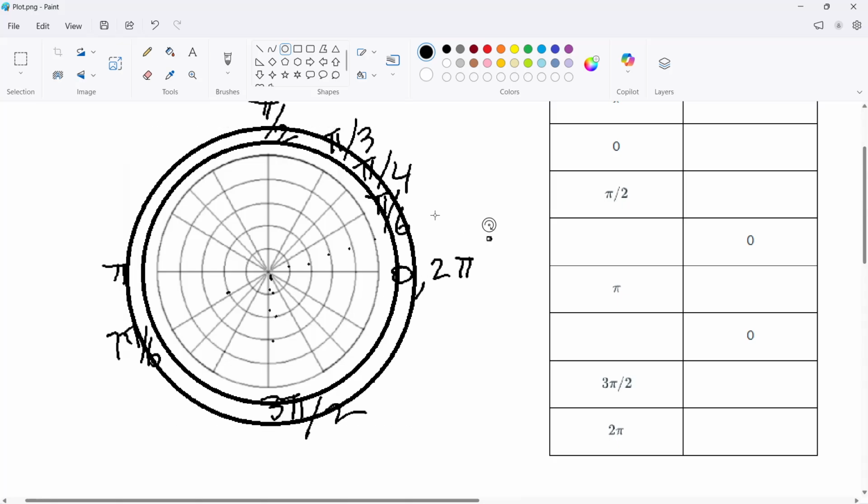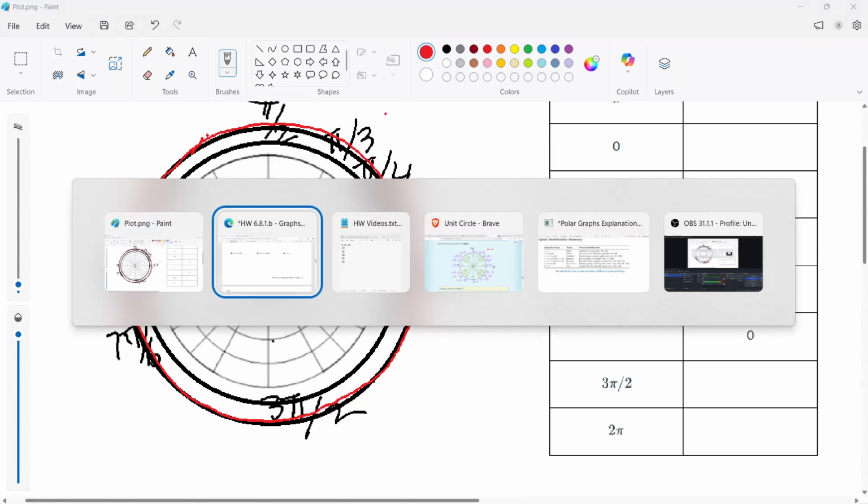Okay, that's good enough. But it's just going to be 7 out everywhere from the origin. 1, 2, 3, 4, 5, 6, 7. So it's going to be a circle on the 7th ring around the origin. That's just a circle. So that's it, some polar coordinates and graphing.